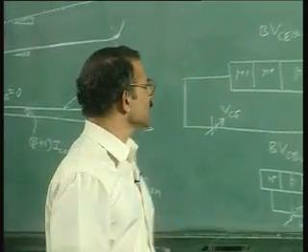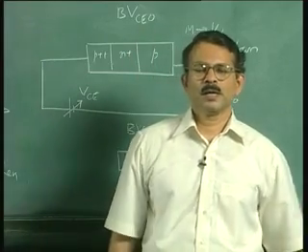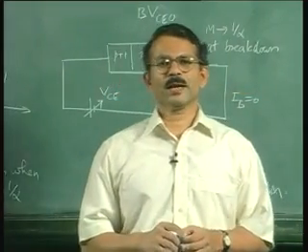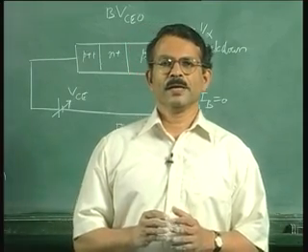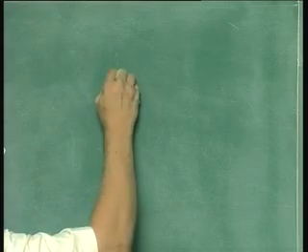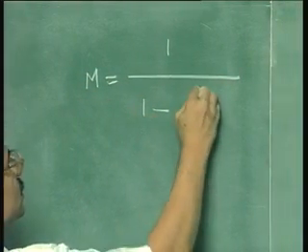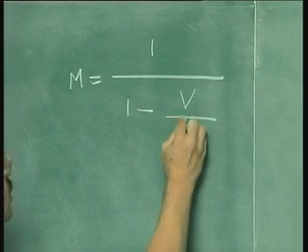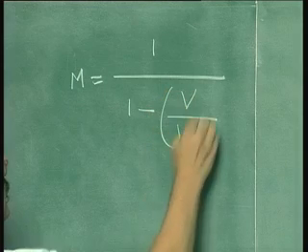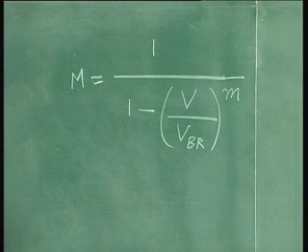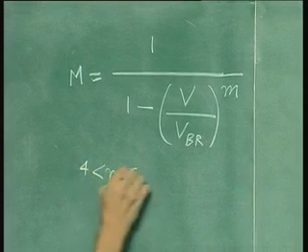In fact, there is a relation between the two which we can derive very easily as follows. For this purpose, we use an empirical relation for the multiplication factor due to impact ionization. The expression is M is equal to 1 by 1 minus, voltage across the junction by breakdown voltage across the junction, whole power m, where m normally lies between 4 and 6.